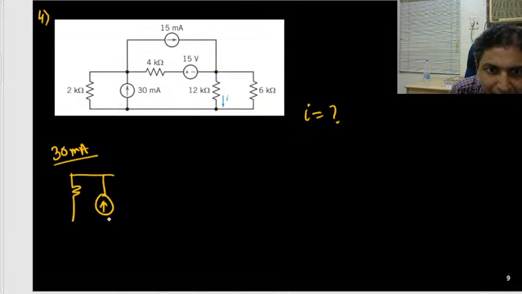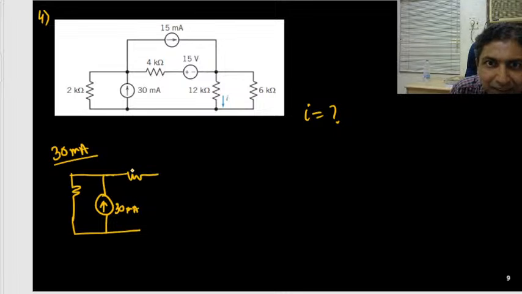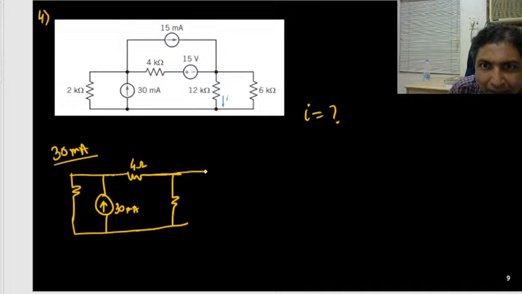This source is acting alone, that is your 30 milliampere. This resistance is there, and the other current source I have removed, so I am not considering it. This is only 4 ohm. This voltage source is also shorted. Then this resistance and this resistance.